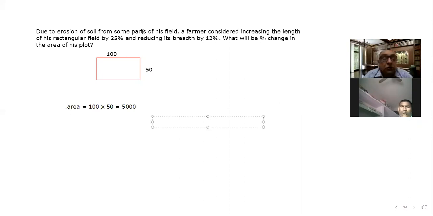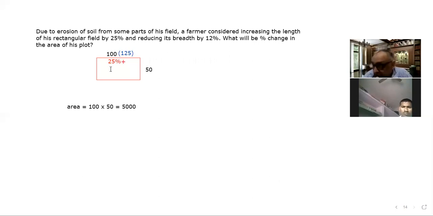Now, according to the question, the length has been increased by 25%. I have put a plus here, plus means increased. So a 25% increase in length means the new length of the plot has become 125 units.